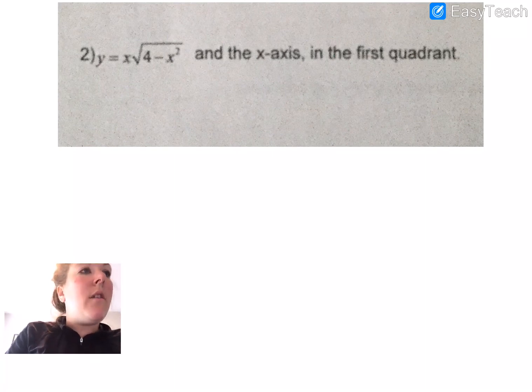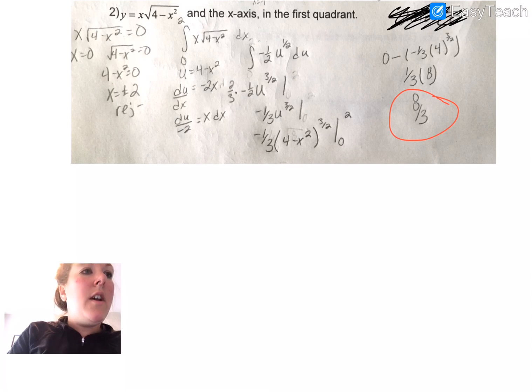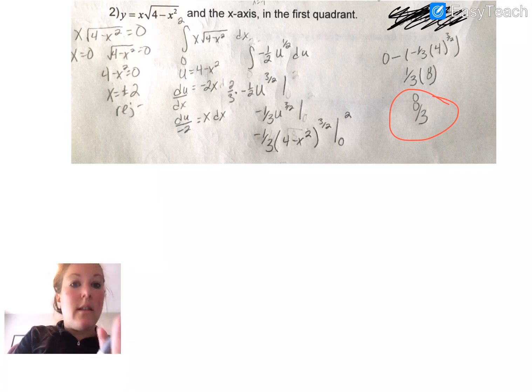Your next problem, the answers to the challenge problem are here, so you can take a picture with your phone or pause it or write it down or whatever you want. It's really exactly that. It's a challenge, not something that I'm going to have you be doing in this last week of school.